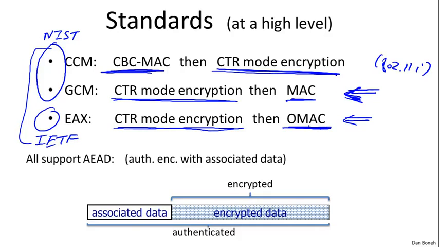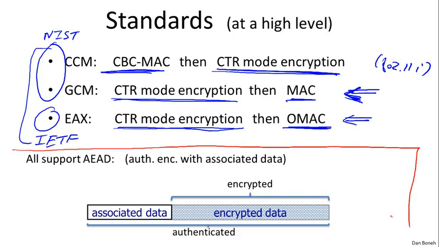Now, all these modes actually support this extension called Authenticated Encryption with Associated Data, where the idea is that often you don't want to just encrypt and authenticate data. Often you want to send a packet where the body of the packet should be encrypted and authenticated, but the headers of the packet should actually be sent in the clear. And they should just be authenticated to make sure nobody tampers with them, but they shouldn't be encrypted.